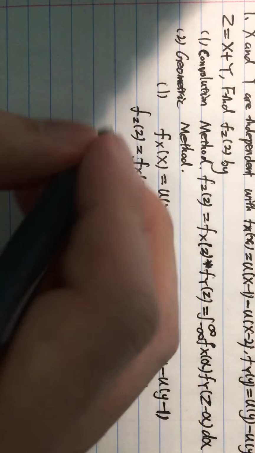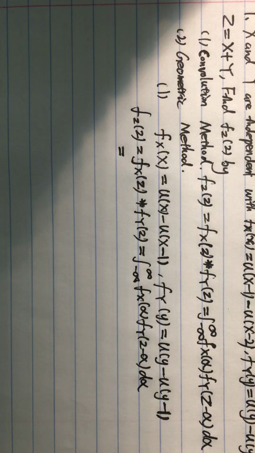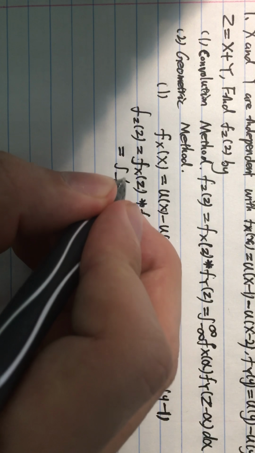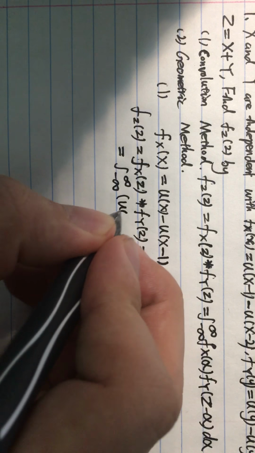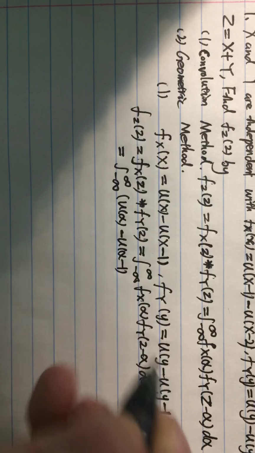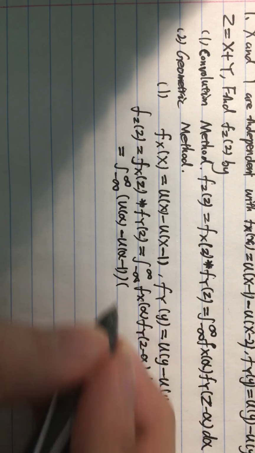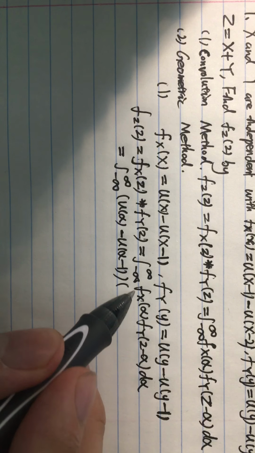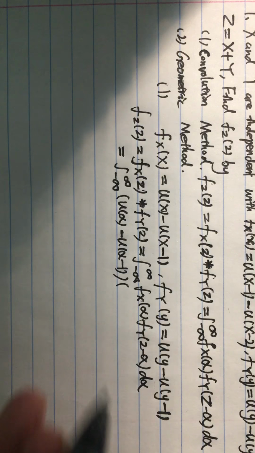Then this equals to, let's see, we just multiply this one and this one together.